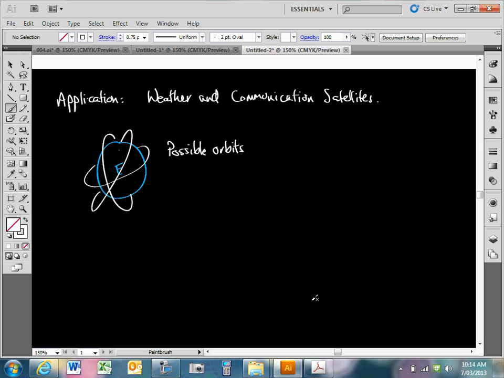Why are they possible orbits? Please. Possible orbits. This question comes up a lot in the test and the exam.